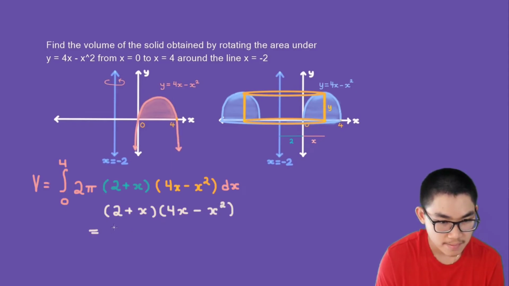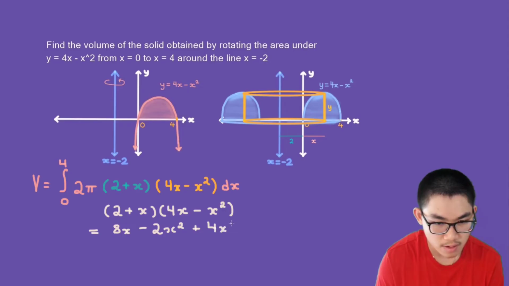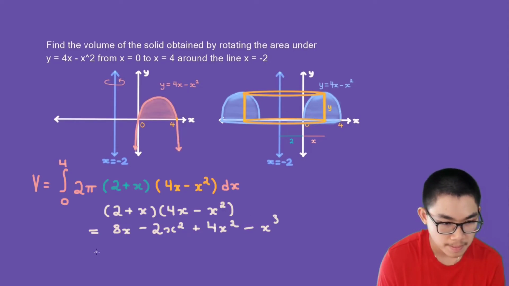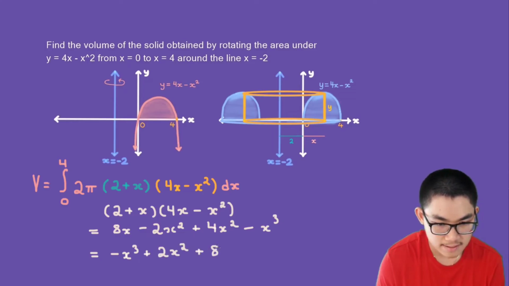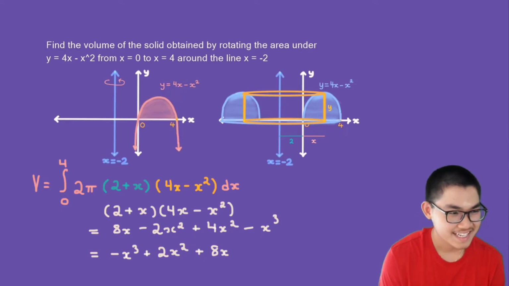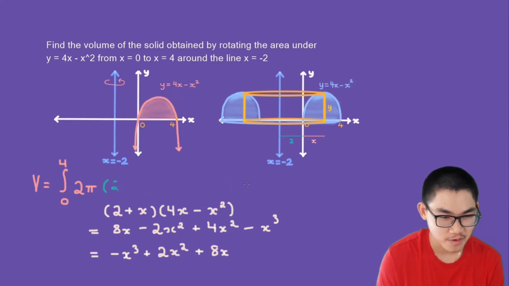This is the same as 8x minus 2 times x to the power of 2 plus 4x to the power of 2 minus x to the power of 3. This will simply be negative x to the power of 3 plus 2 times x to the power of 2 plus 8x. Now let's substitute this back into the formula.